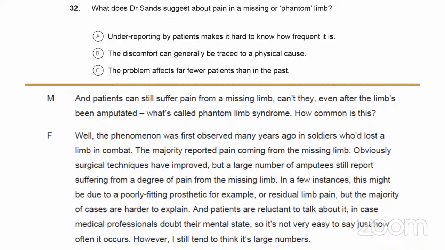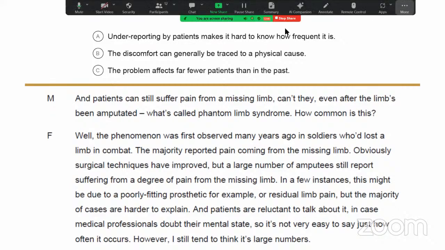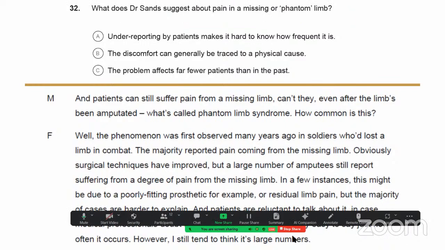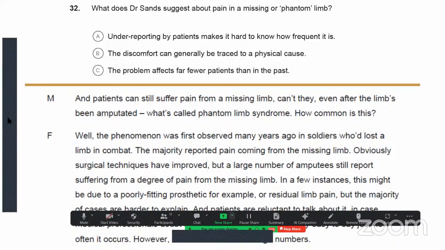Now here we are going to discuss. So we'll see in two phases now. The first one is here.